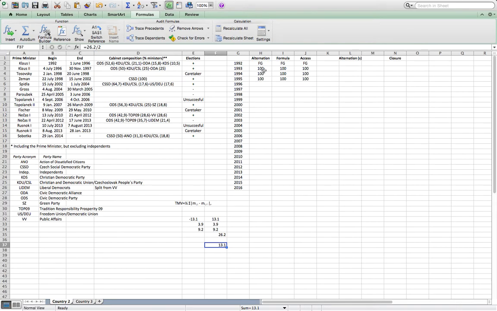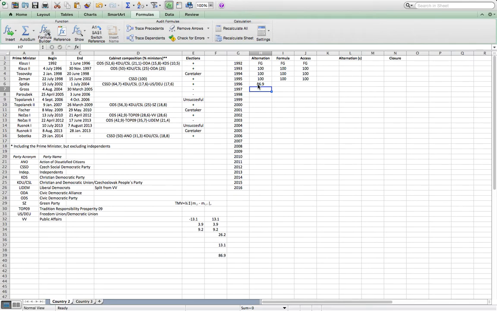Because we know that the index of alternation goes from 0 to 100, we need to convert this, so we get a score that is over 100. This means that we simply do 100 minus 13.1, and we get a score for alternation in 1996 of 86.9.